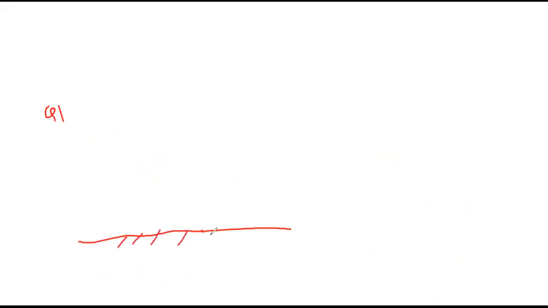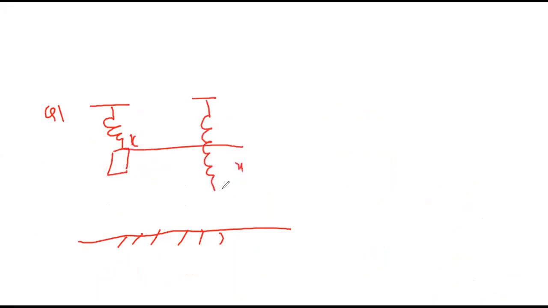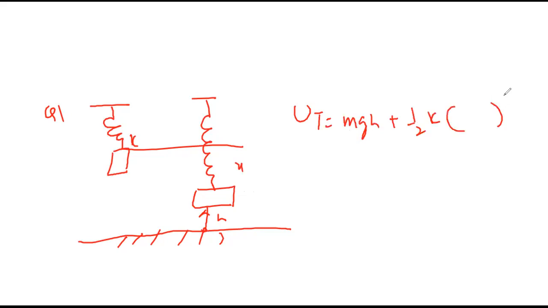If I consider this as reference, this is a block and spring system having force constant K. It elongates by distance x and comes to rest here at height h from the surface. We want the total potential energy. So, एक तो potential energy इसका height की वजह से होगा, mgh आएगा, दूसरा आएगा plus half k x square due to this elongation, that is mg upon k, just now I did.